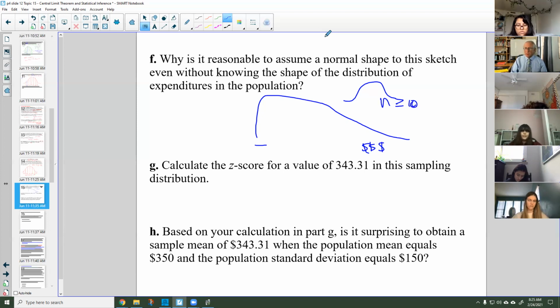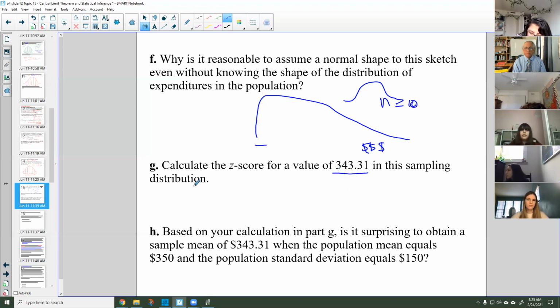Isabella, what formula am I going to use? Would you use the standard deviation over the square root of n? No, that's how I calculate the standard deviation. I want to calculate the z-score for what I got from my sample of 343.31.